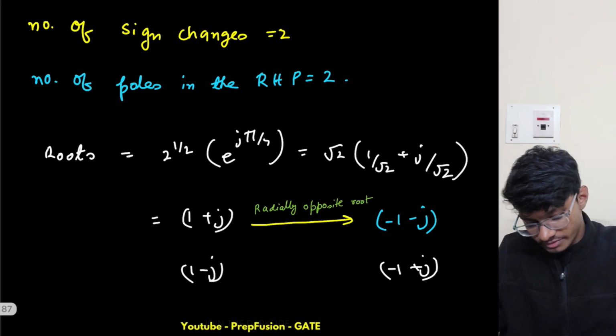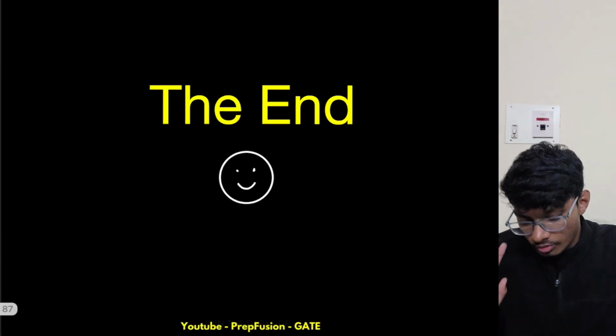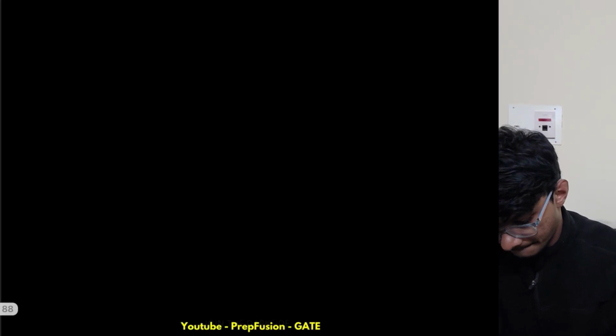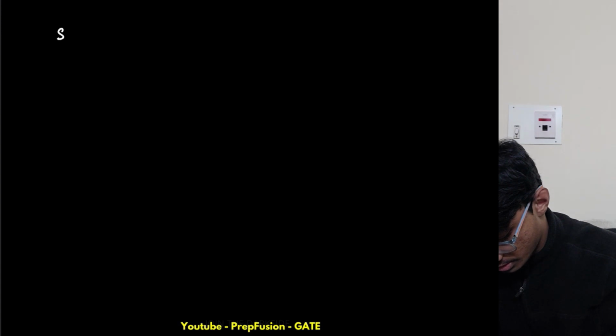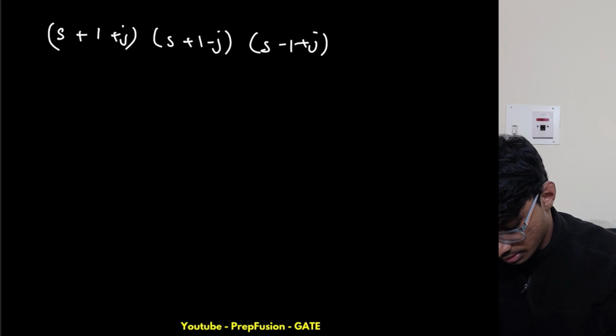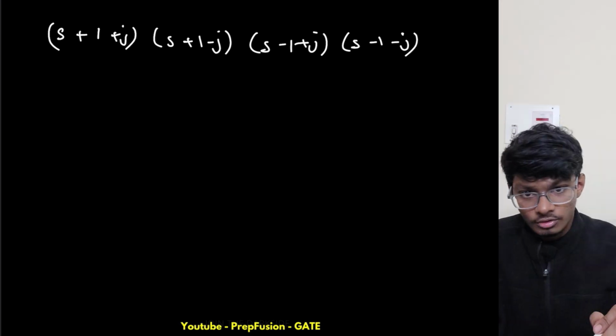If you multiply all of these 4, this one is s plus j, s minus j, s minus 1 plus j, s minus 1 minus j. Okay, so if you multiply all of these 4, what do you get?